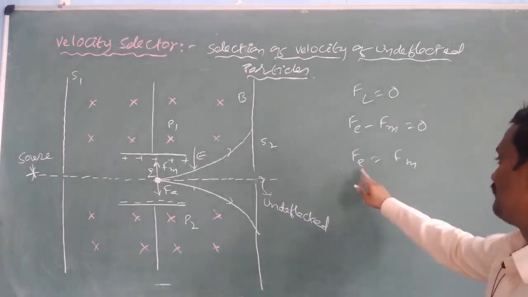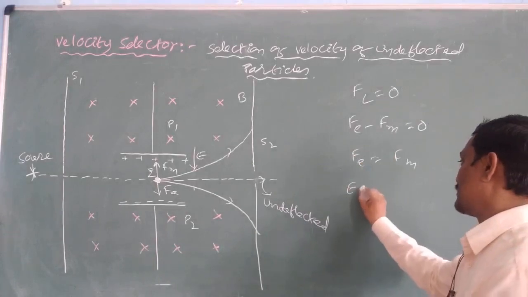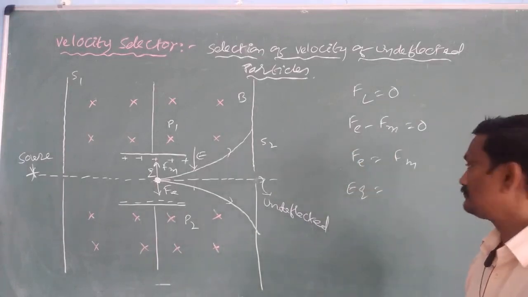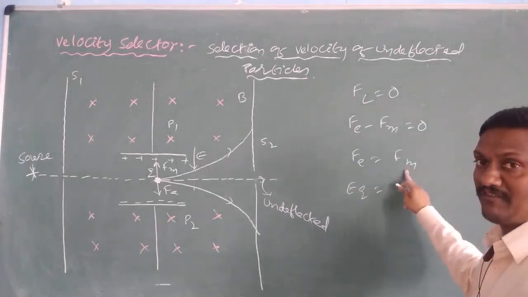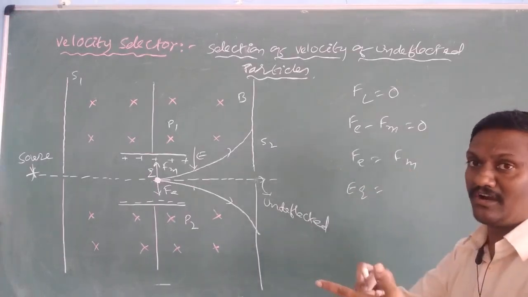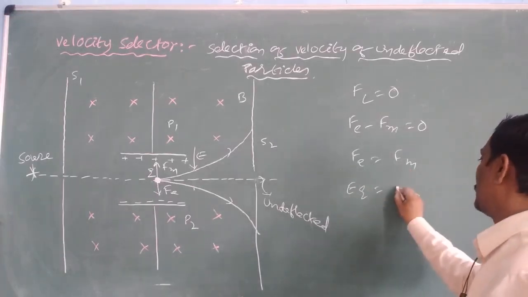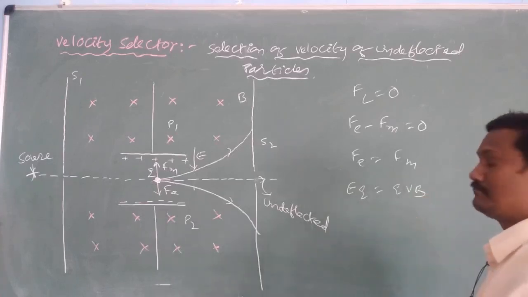Fe means electrical force, F is equal to Eq. And Fm means maximum magnetic force, because the charged particle moves perpendicular to the magnetic field, giving maximum force: qvB.